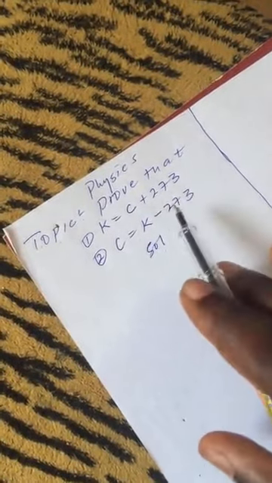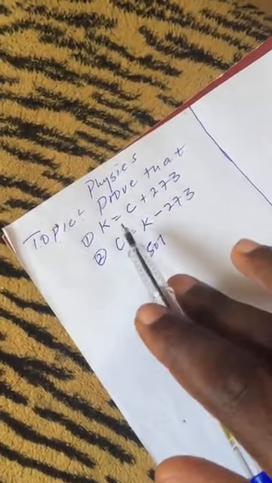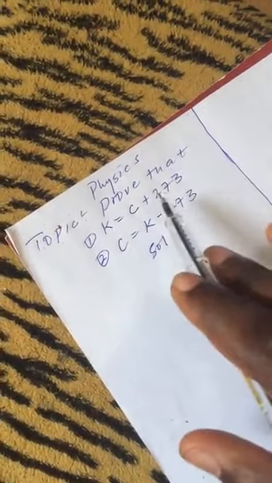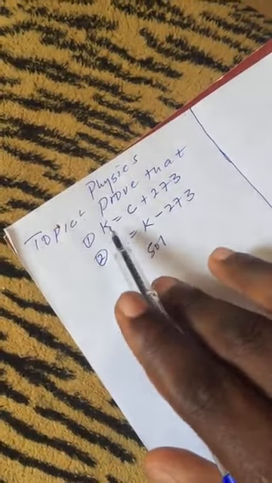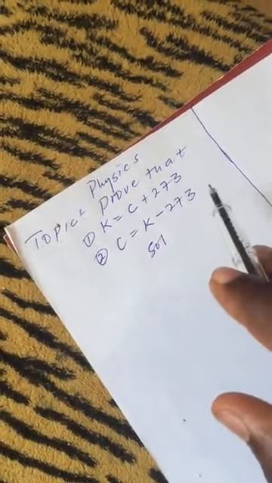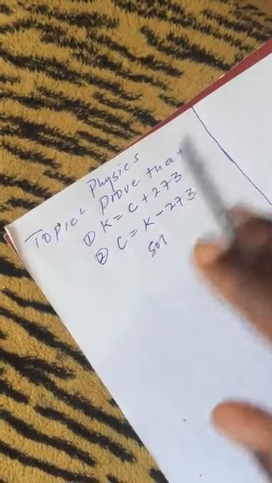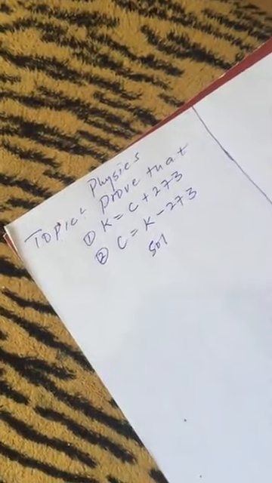Don't forget that I said earlier that there are three scales of temperature, which are Kelvin, Celsius, and Fahrenheit. But today I'm concerned with the Kelvin and the Celsius scale. In my next video, we'll upload how to convert from Celsius to Fahrenheit, and from Fahrenheit to Celsius, and other scales.